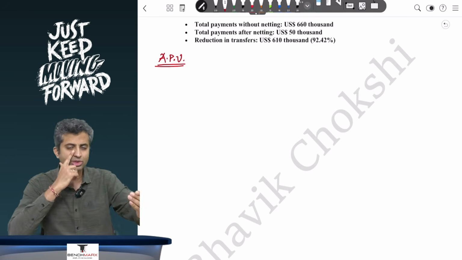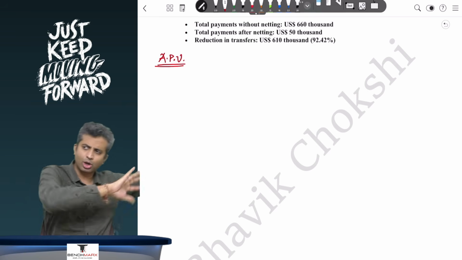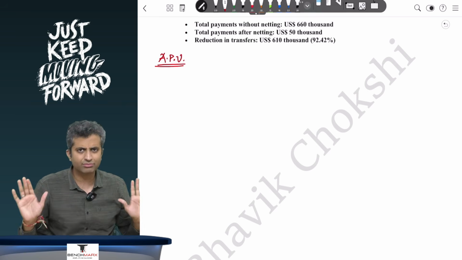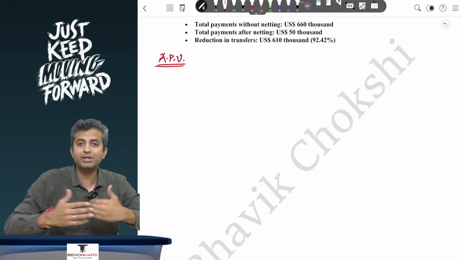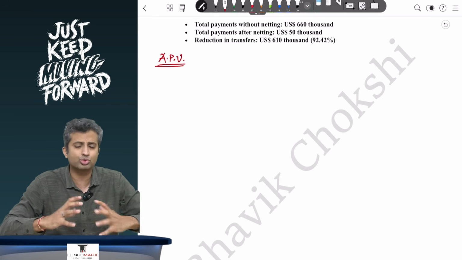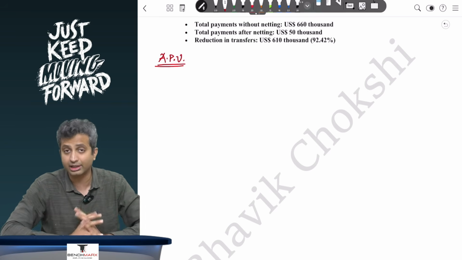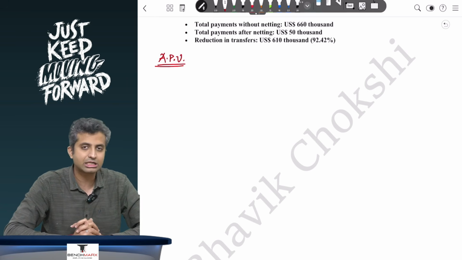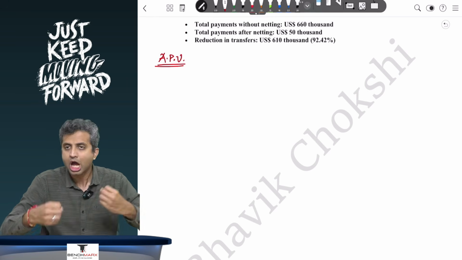One of the ways in which adjusted present value can be done is you separate out all the operating cash flows, separate out all the financing cash flows, and do the working. The operating cash flows will be for the firm without considering any interest, any tax savings, nothing like that. This will be discounted at, let us say, the unlevered cost of capital. So had there been no debt, what would have been the cash flow?